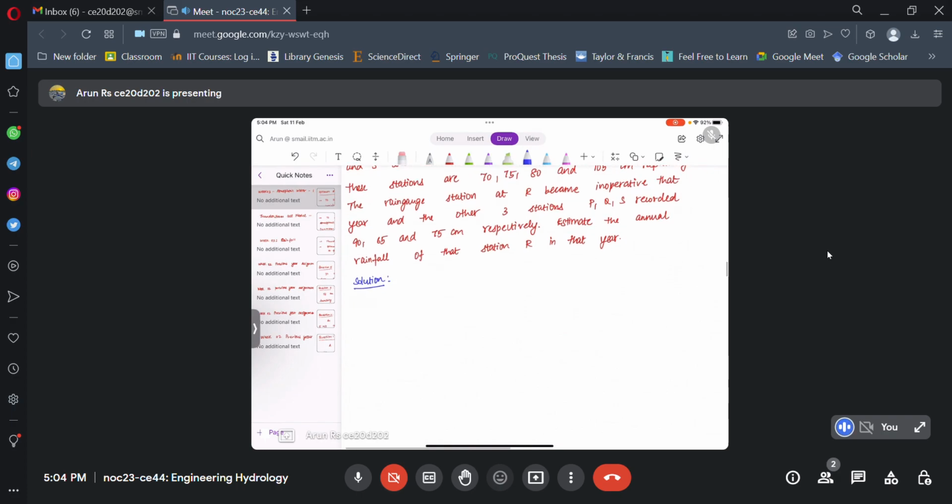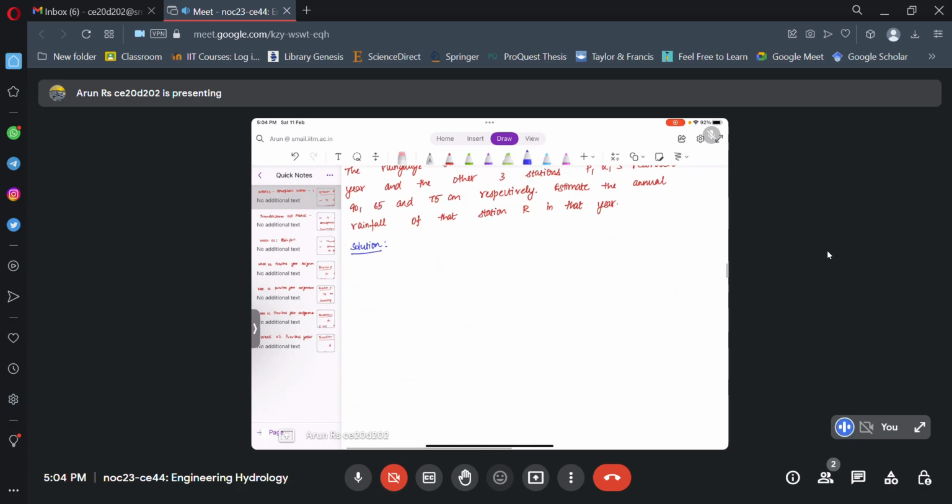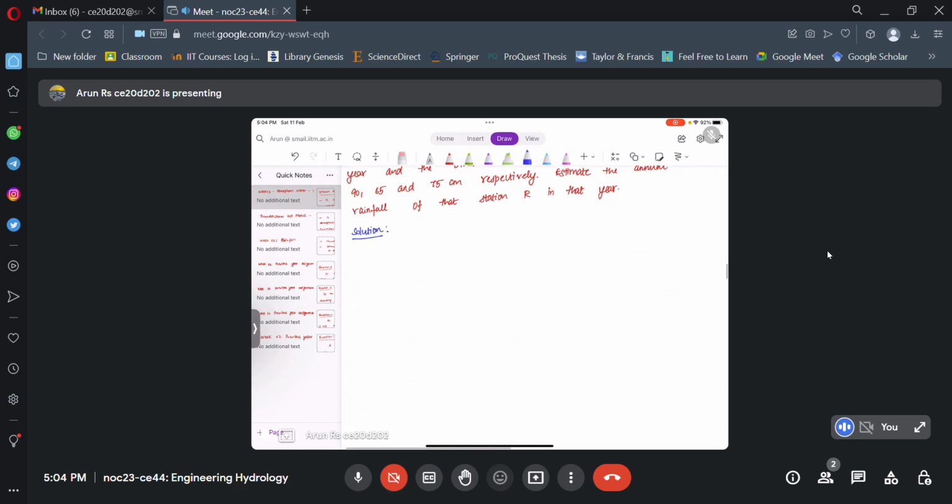The rain gauge at station R became inoperative that year, and the other three stations recorded the rainfall as 90, 65 and 75 centimeters. Now we need to estimate the average rainfall of that station in that year. So again, here station R was inoperative.